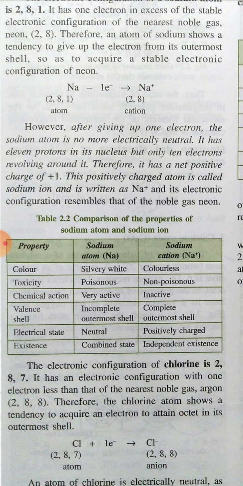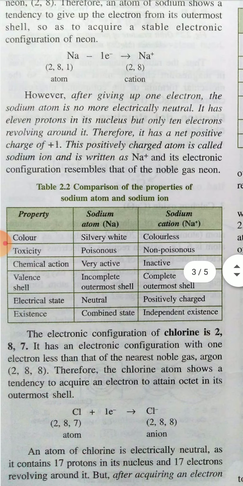Second, chemical action: sodium is very active because the valence shell of the sodium atom is not an octet, there is one extra electron. But the sodium ion is chemically inactive because it has an octet-filled valence shell, that is, 8 electrons.